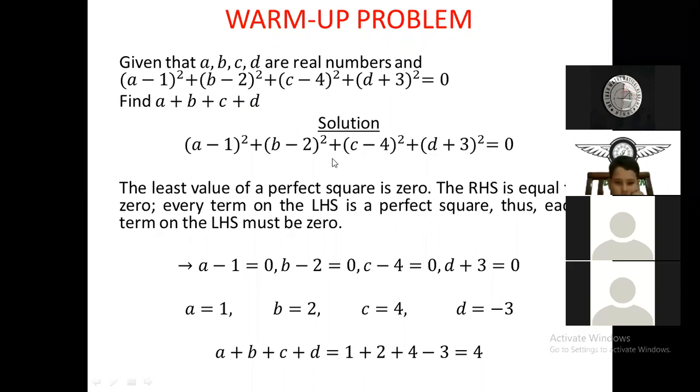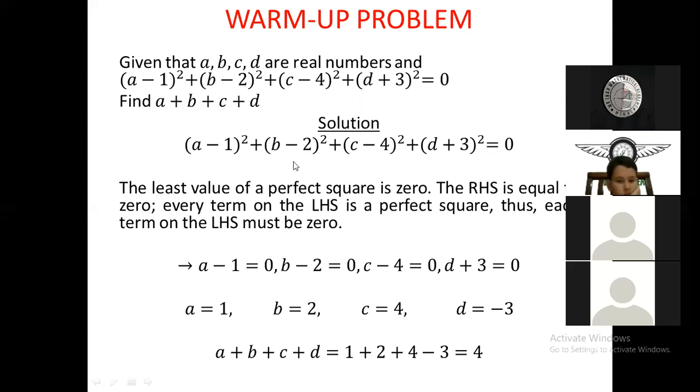All right, and we know the smallest value for a perfect square is 0. Now on the right-hand side we have 0, and this is an equality, which means that the value of the left-hand side is the same as the value of the right-hand side. So if the right-hand side has a value of 0, the left-hand side must equally have a value of 0. And we know that each term on the left-hand side is a perfect square.